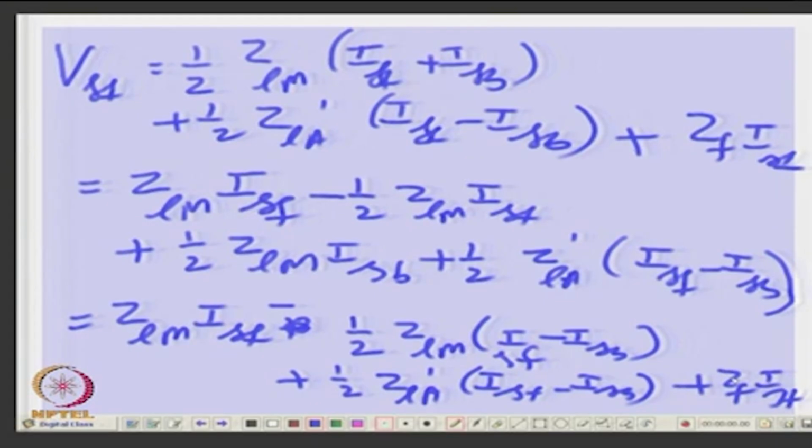Okay. Now, we are only trying to do a simplification of the same thing. So, what do you get this first term as?